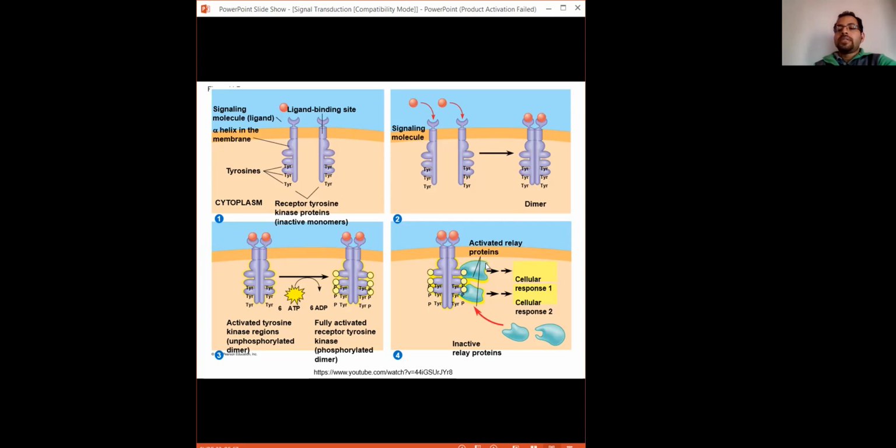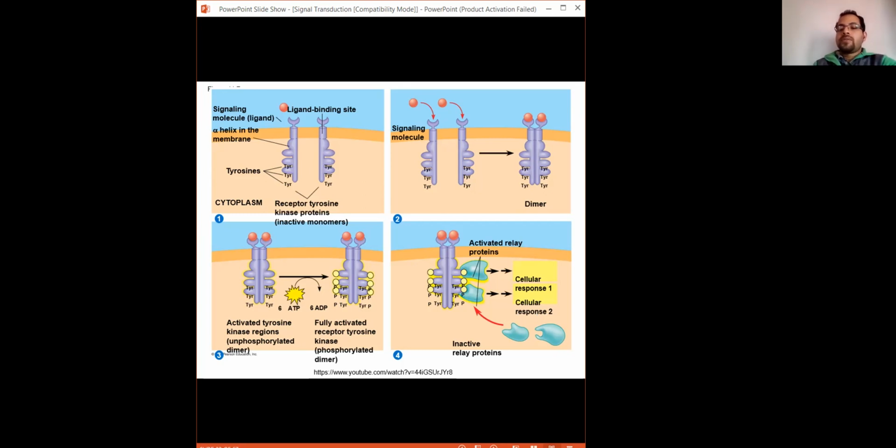So you can see in this diagram, some proteins which have some specific domain can come and interact with the phosphorylated tyrosine molecule, and thus this unphosphorylated molecule can be phosphorylated and activated, and in turn can generate some cellular responses.